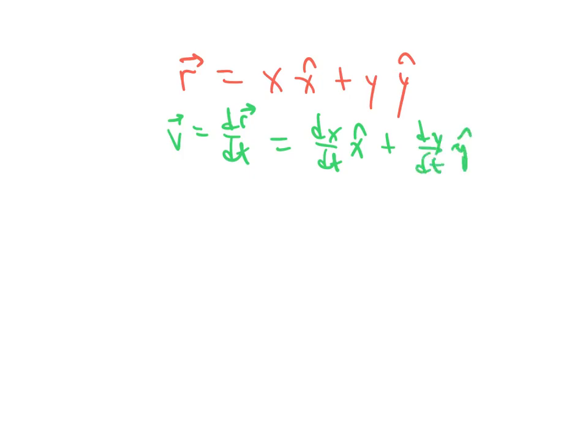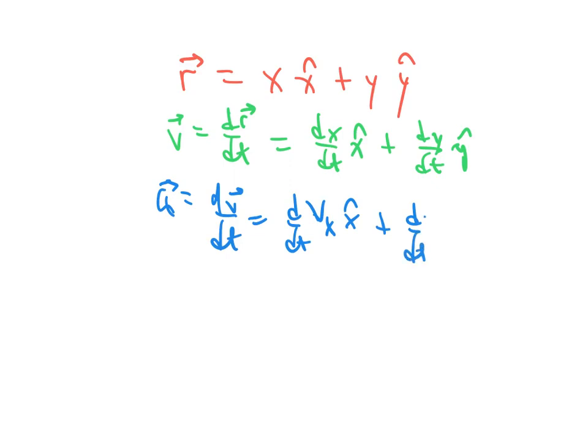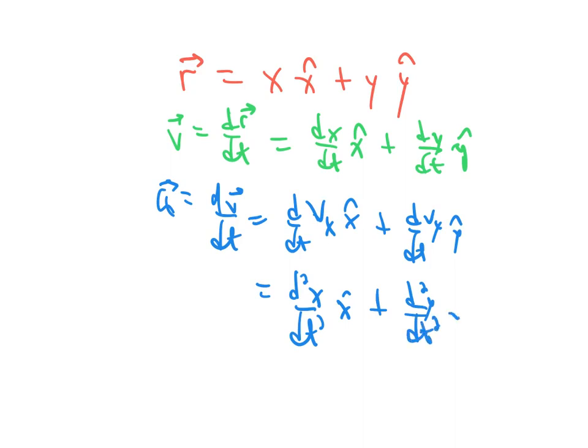And then that gives us that the acceleration, which is the derivative of that, is now d/dt of vx in the x hat and d/dt of vy in the y hat, or second derivative of x with respect to time in the x hat plus second derivative of y with respect to time in the y hat.